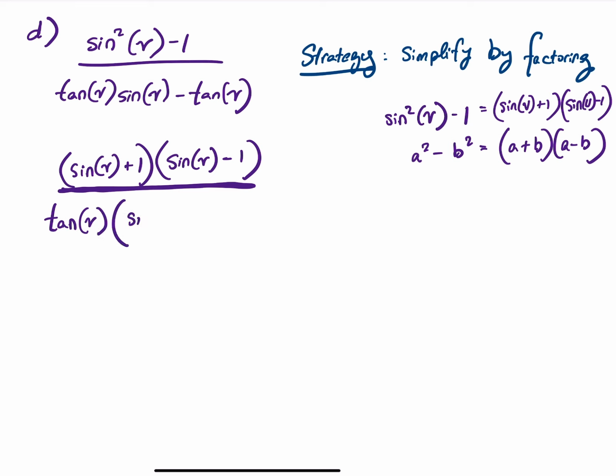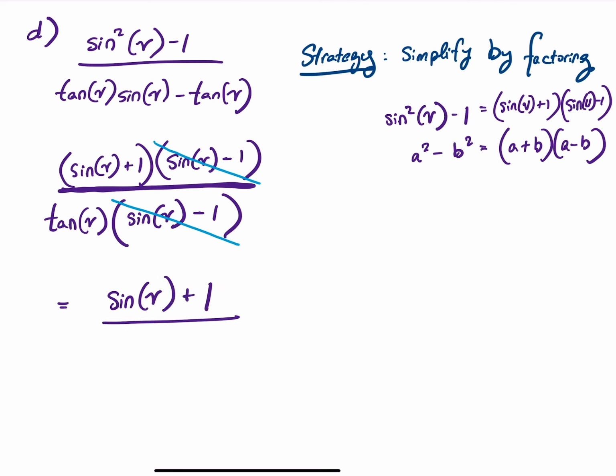We have a sine, and then we took that other tangent, so sine of v minus 1. And then notice now we have a sine of v minus 1 on both the top and the bottom. So that whole factor can cancel. So this can reduce to the sine of v plus 1 over the tangent of v.